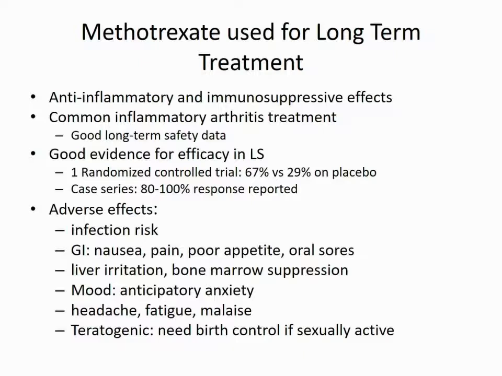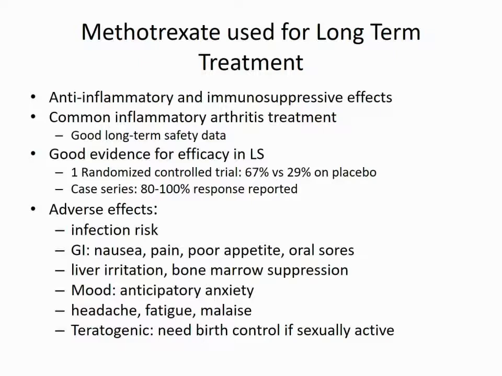I showed you the plot of the one randomized, placebo-controlled, double-blind study, which found that 67% of the patients in the methotrexate arm improved versus 29% on the placebo. In case series, it's been reported to have an 80 to 100% response rate. Part of the difference is that the randomized clinical trial had more stringent measures, and in some of the case reports people just said that they got better, so it's hard to compare.